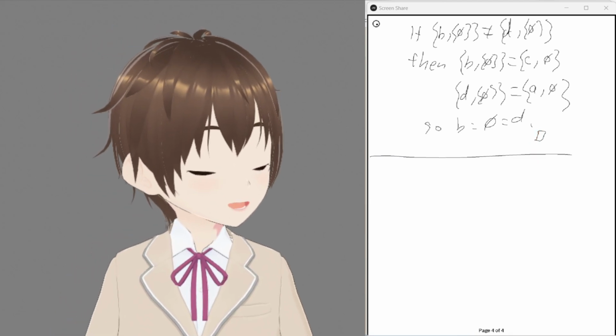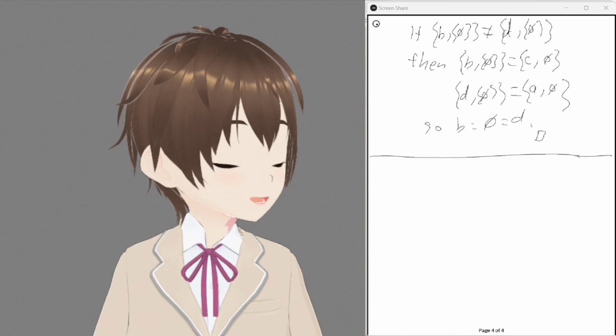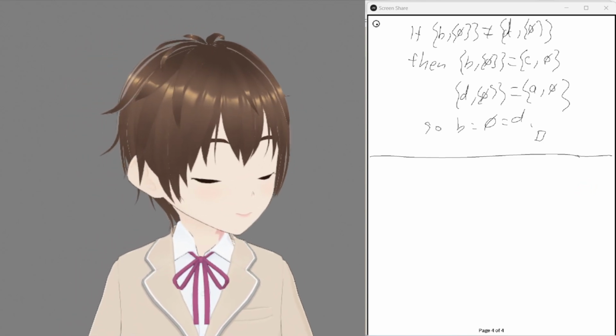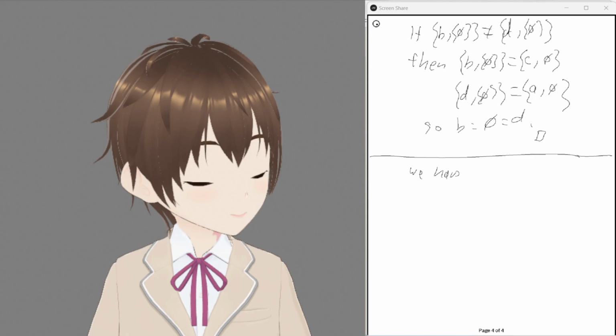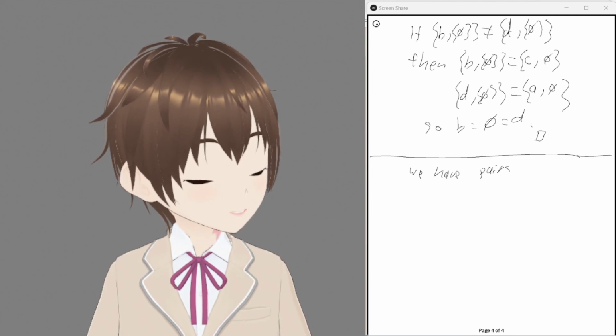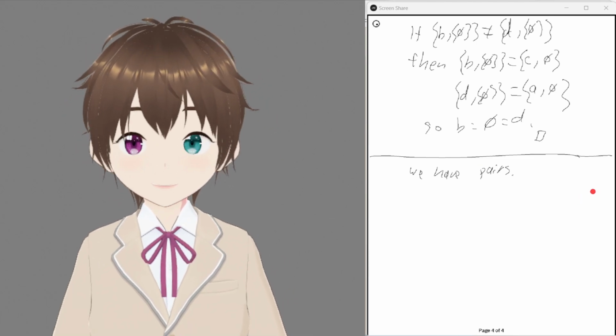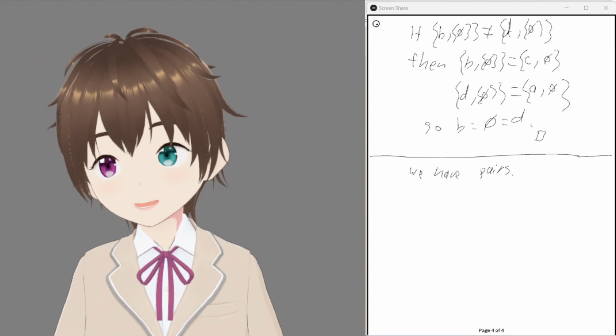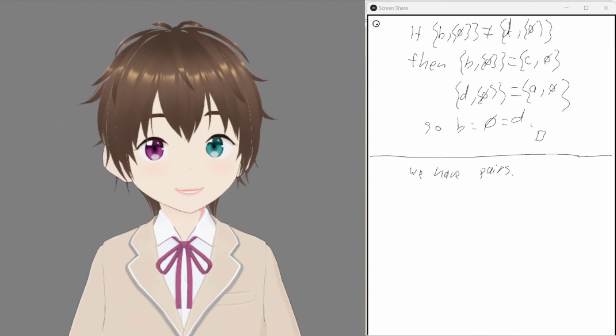So we have a notion of a pair. I have a pair which tells me if things are equal in the right order. So we have pairs. I want to define relations out of pairs. So how do we define relations? Well, first I want to look at the set of pairs of things.